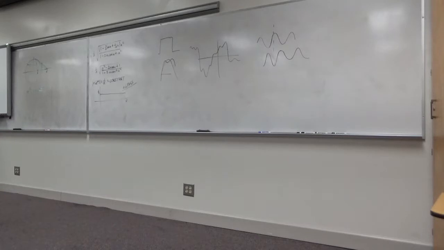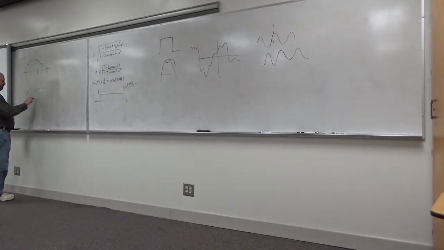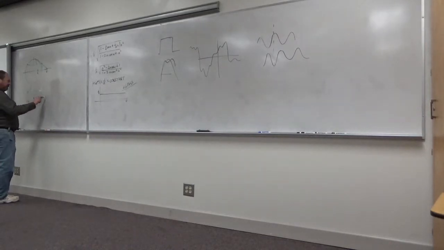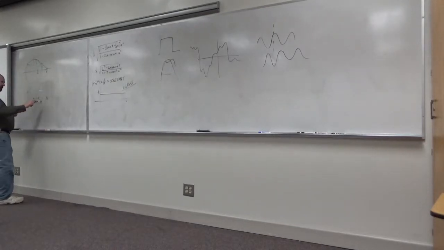So, let's see. That's all pass, which means I'm going to give you some transfer functions. H of z, and these are going to have actual numbers in them. z minus 0.8 over z minus 0.5. I'll call that H1.